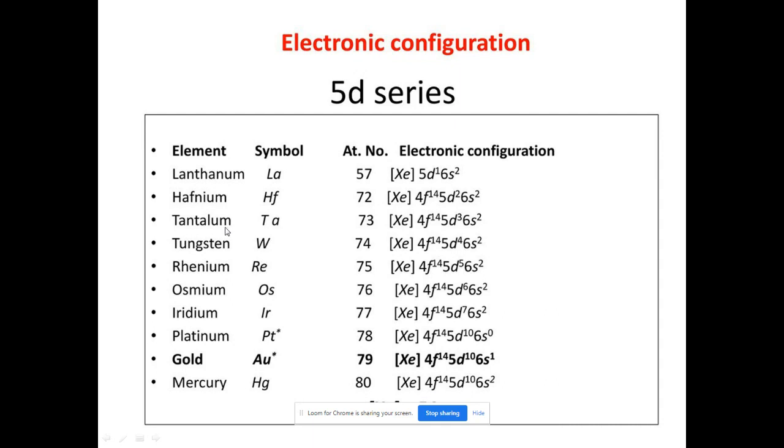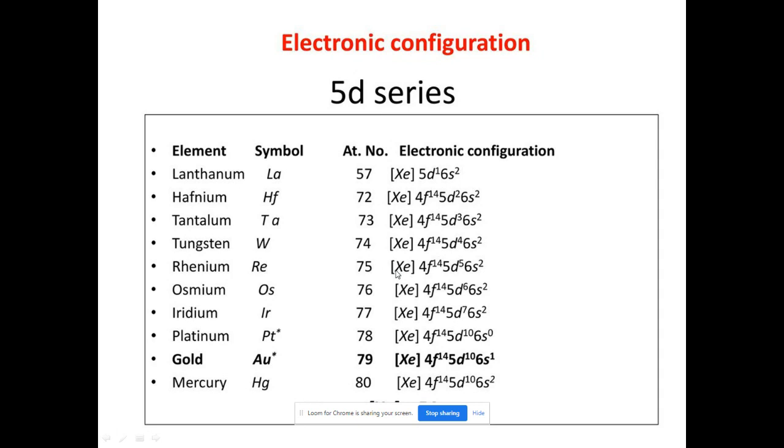The next element of the 5d series is tantalum with the symbol Ta, whose atomic number is 73. Electronic configuration is xenon 4f14 5d3 6s2. And the next element is tungsten with the symbol W, atomic number 74, with the configuration xenon 4f14 5d4 6s2. And the next element is rhenium with the symbol Re, whose atomic number is 75.